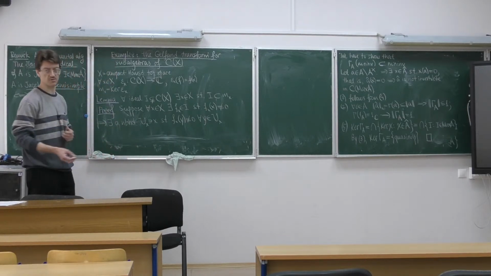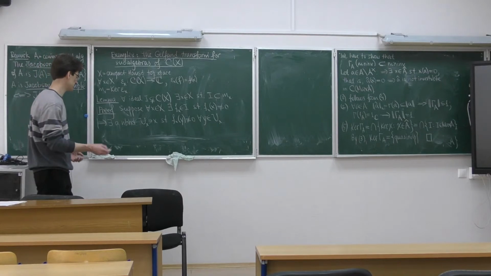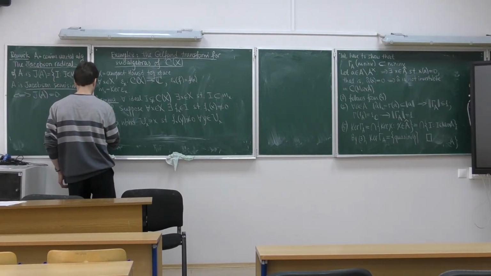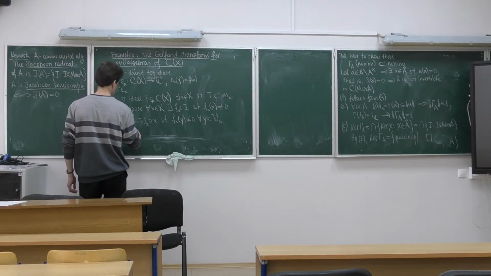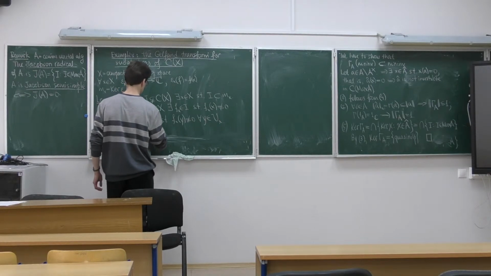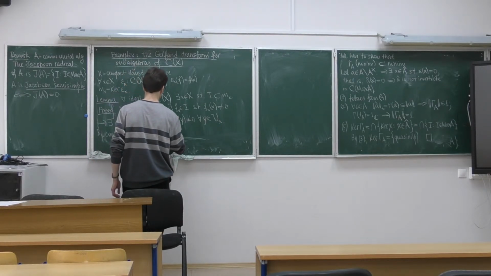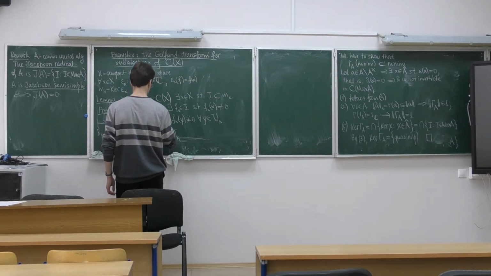So we can construct such a neighborhood for any point in our space. So we get an open cover of X, and by compactness we can find a finite subcover. By compactness, X can be represented as a finite union of U_{x_i}, i from 1 to n.